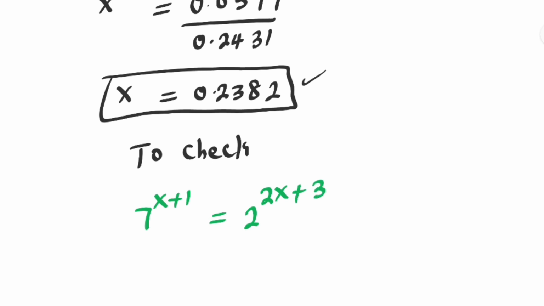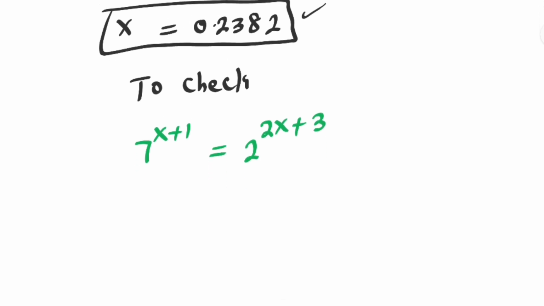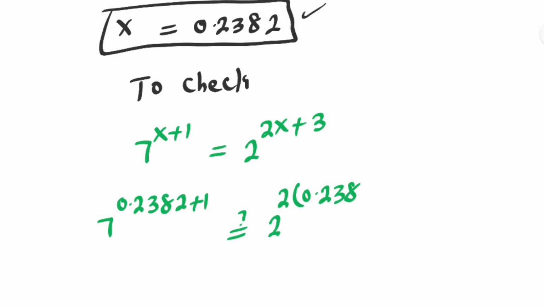Now, if x is 0.2382, so this is 7 raised to power 0.2382 plus 1 must be equal to 2 raised to power 2 bracket 0.2382 plus 3.